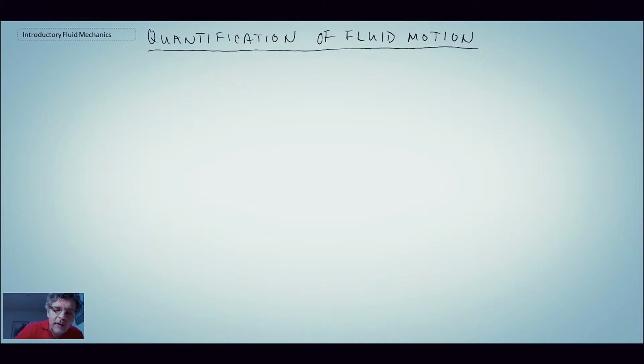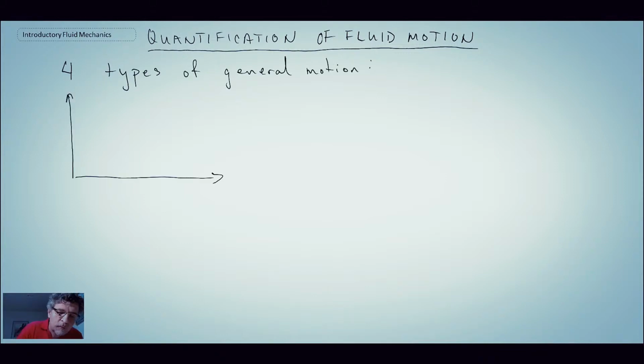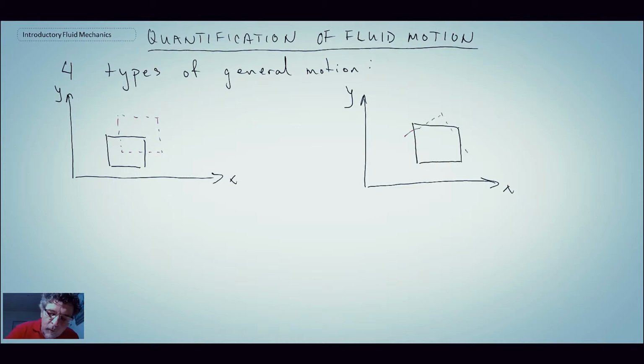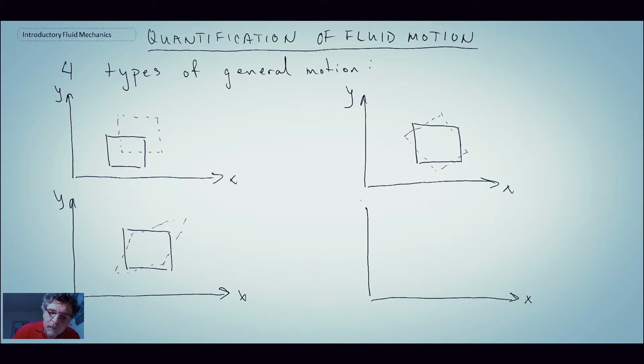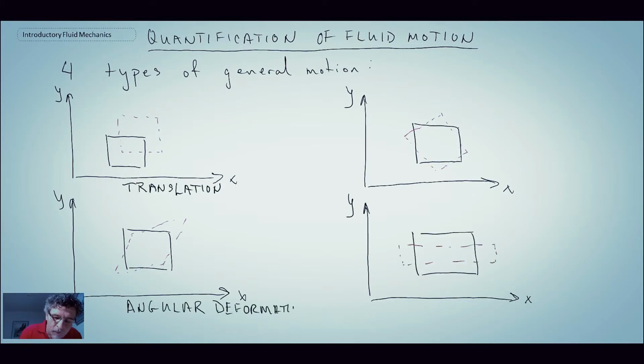So when you look at a fluid, there are four general types of motion. So there we have the four different types of motion, general motion in fluid mechanics.